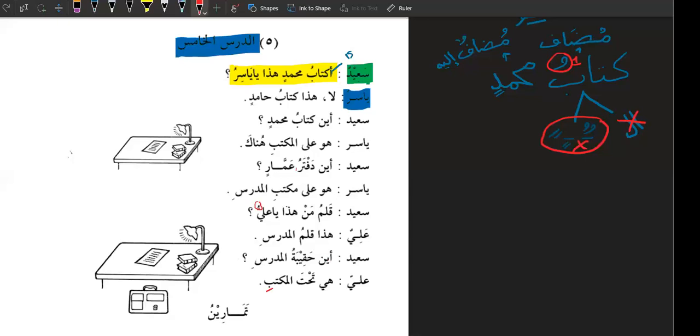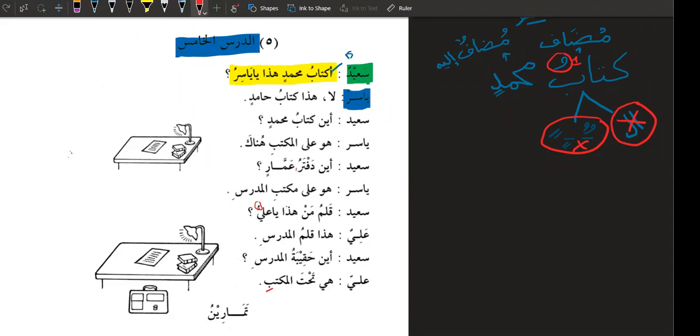Because it is connected to Muhammad, it has become definite anyway. Muhammad's book, we know, so this book is definite because it belongs to somebody. So all you need to know now is that it has two rules. We never put alif and lam before it, and we never put tanween. So we don't say kitabun Muhammadin.